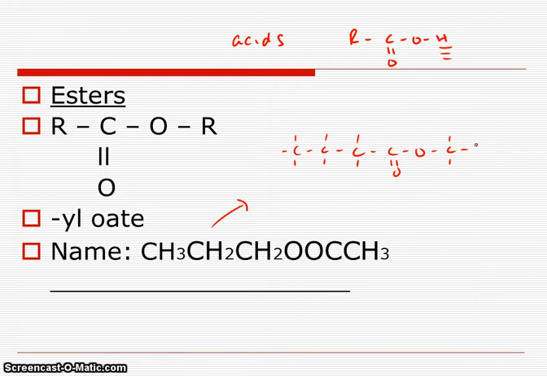So when we look at this, this part of the compound was our original acid, and the hydrogen was replaced with this carbon here. So this would be methyl. And then this would be 1, 2, 3, 4. The prefix for 4 is but. So butanoate. So methyl butanoate.